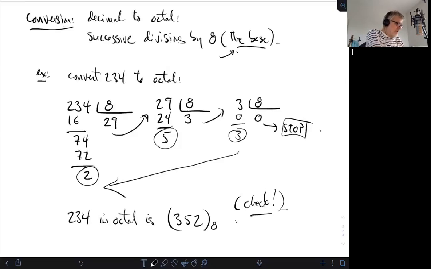Okay, all right. Let's now look at the first few integers in octal and in binary, okay? Just to compare. So first, integers in binary and octal.